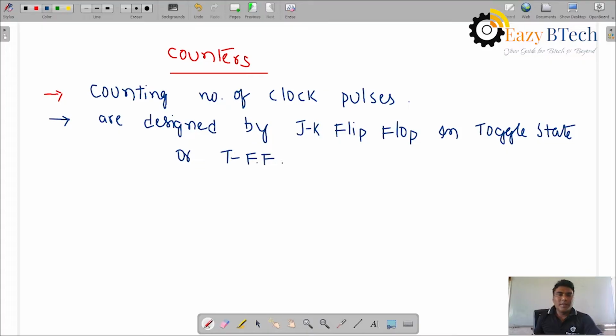Okay, T flip flop. Counters are used in applications.